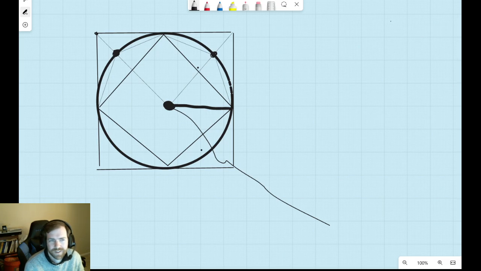Draw a straight line. It's totally a straight line. Don't know what you're talking about.